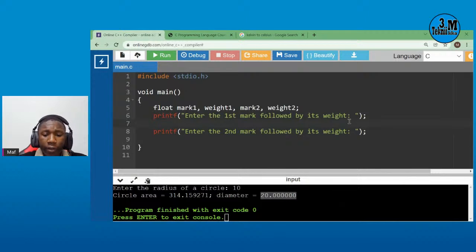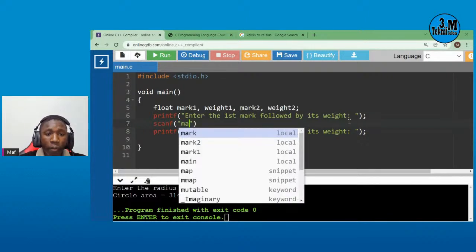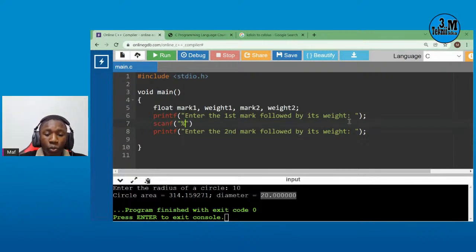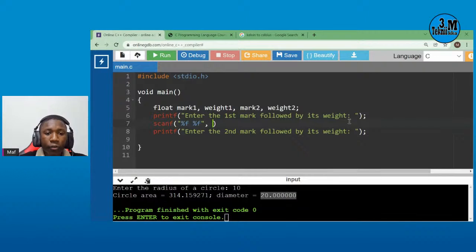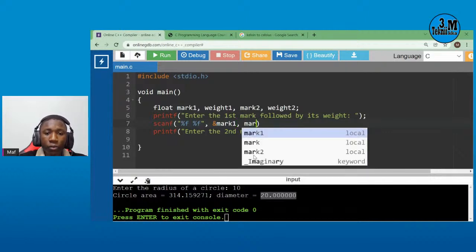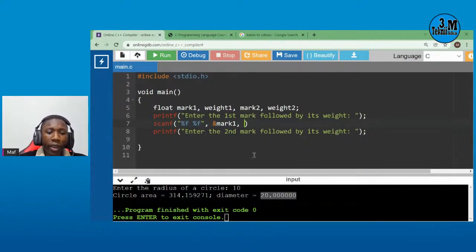And here you can put the scanf for the program to scan the first mark and its weight. First of all, you have to put the type, which is float, space, another float, and then you have to put the address of the variable mark 1, and then mark 2, and the weight 1.